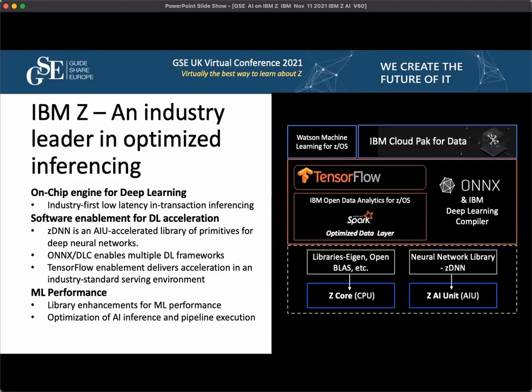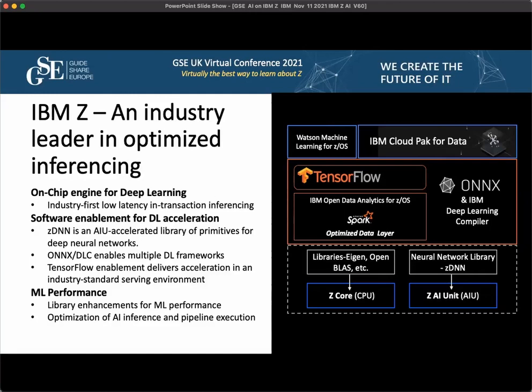So here you can see that we're building a backend to popular AI frameworks such as TensorFlow, and I'll show you some more detail of this in the next couple of charts. As I said before, we're optimizing a lot of the open source libraries such as OpenBLAS and Eigen to leverage SIMD acceleration for a lot of these machine learning algorithms.